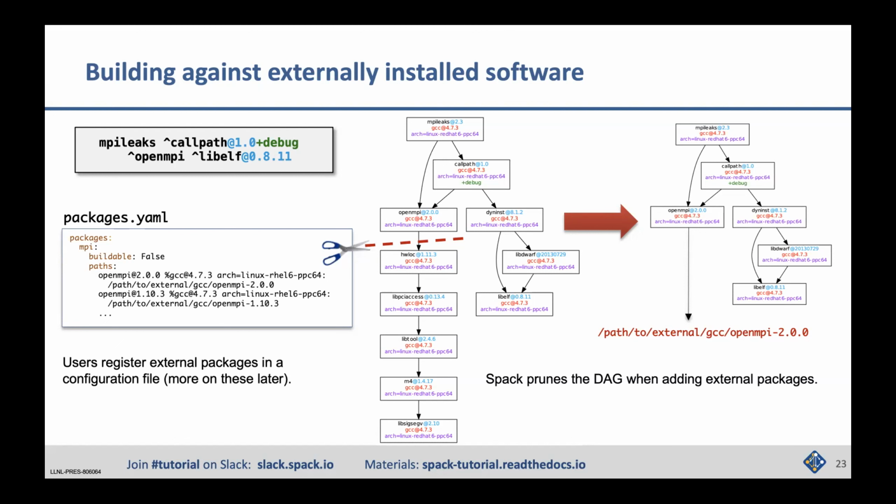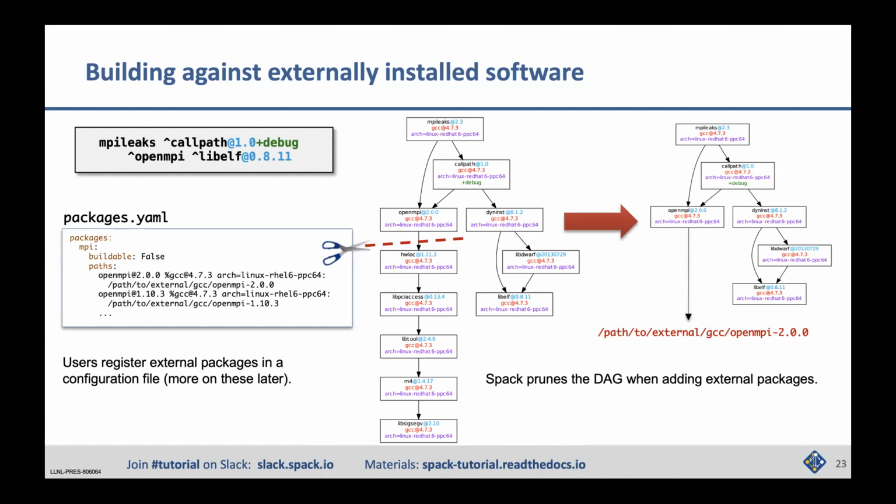So what Spack does is you have that external, and Spack just prunes the DAG there. So we say, okay, instead of this whole tree of OpenMPI depends on hwloc, depends on libpciaccess, none of that matters. We have our OpenMPI. We don't necessarily know what it was built with, but we know it's there. It's an external. It's already installed there.